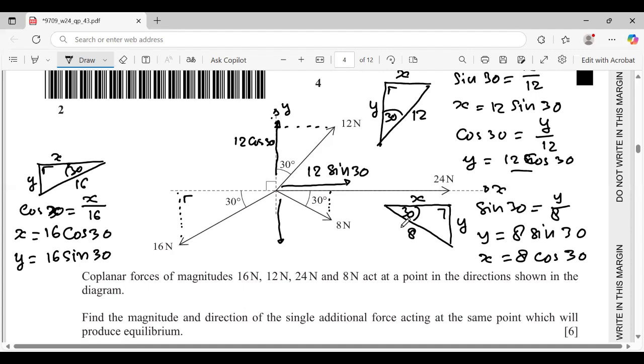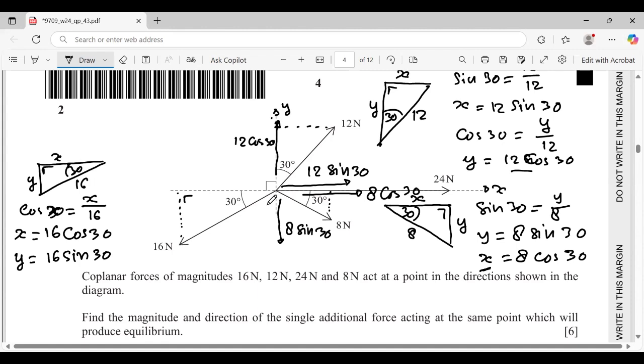Now I would like to show the forces based on this information. This is 8 sine 30, and here on the x-axis is 8 cosine 30.